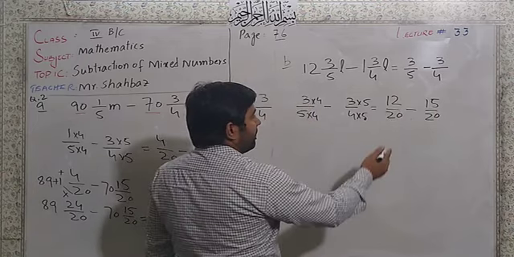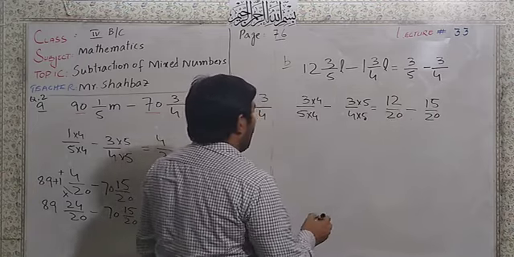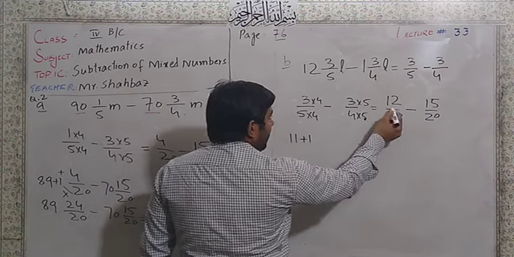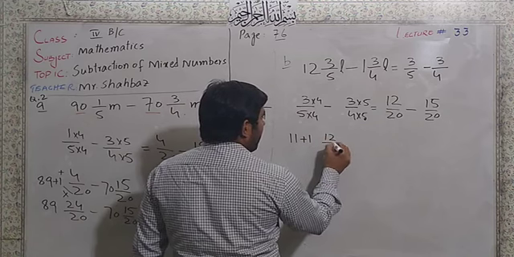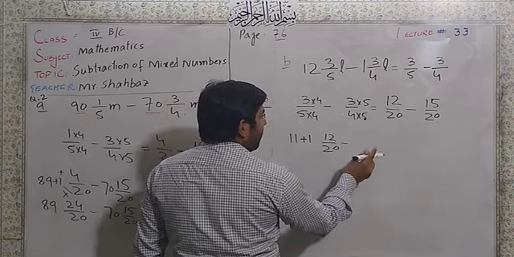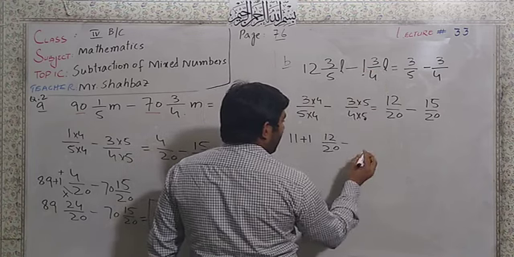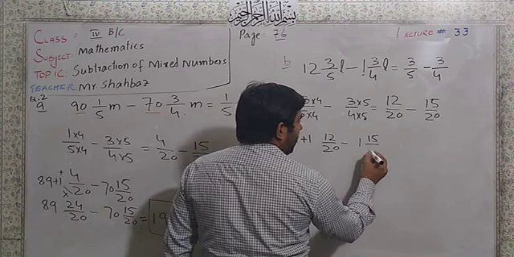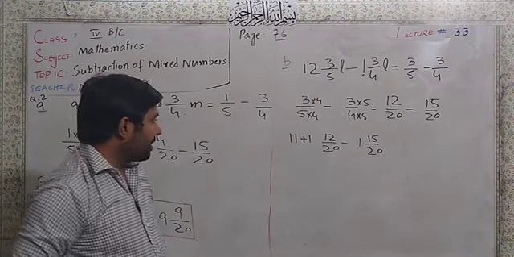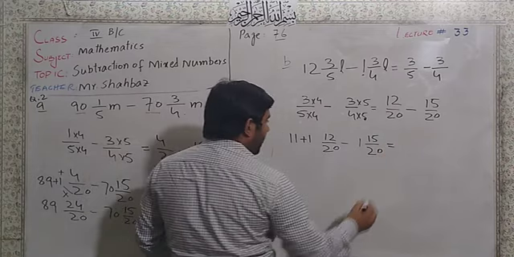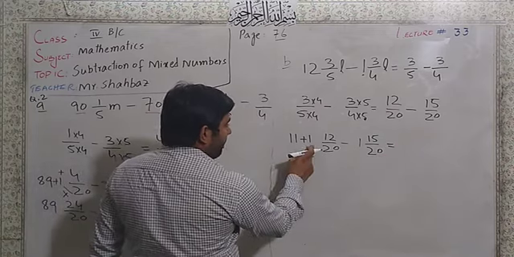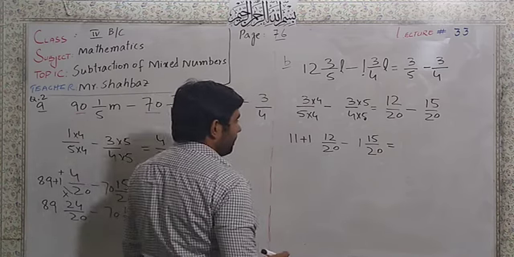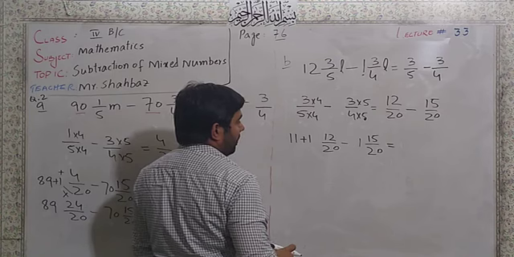So we will take one whole number from here. How? 11 plus 1 means 12 and this is 12 over 20 minus whole number from here 1. This will be as it is 15 over 20. Now we subtract whole number with whole number. Sorry, this will be 20 times 1 is 20 and plus 12 will be 32.